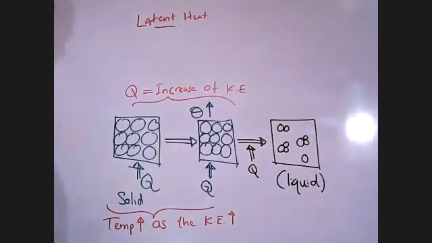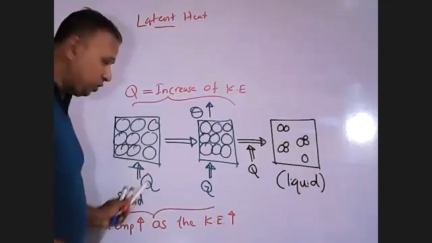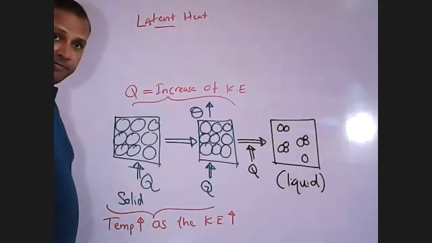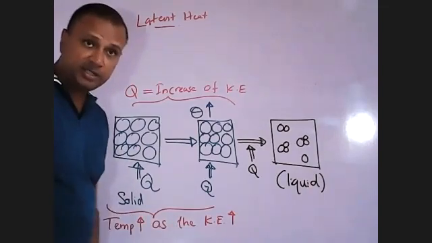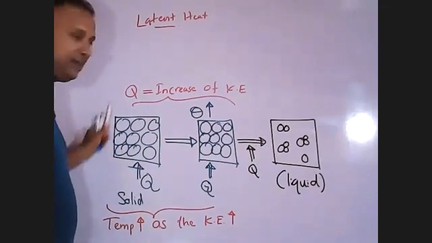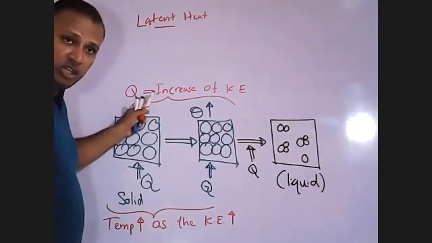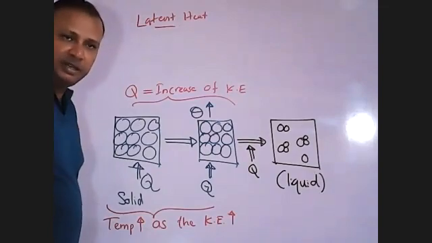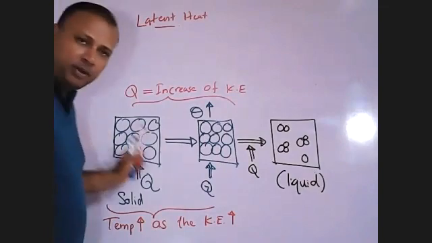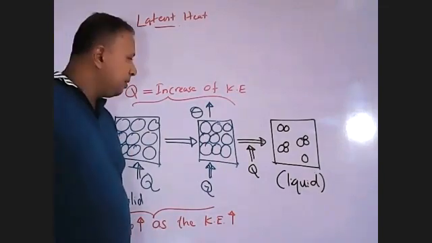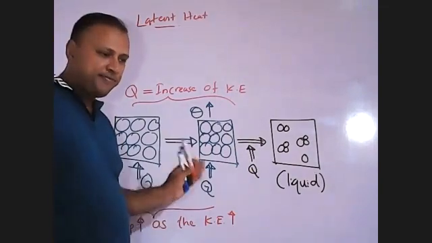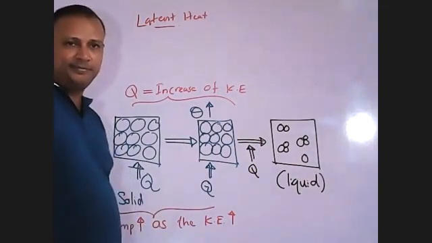Okay. When we supply heat to an object, the first thing that happens is temperature increases as the kinetic energy increases. So during this period, the supplied heat is equal to the increase of kinetic energy, because potential energy remains unchanged since intermolecular bonds are not broken.